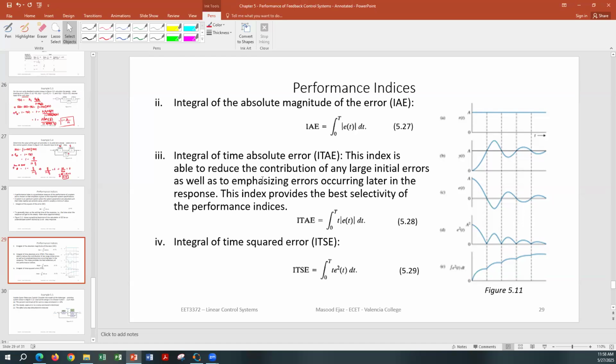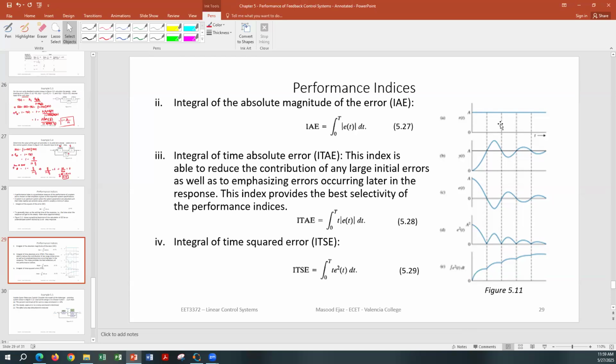This index is able to reduce the contribution of any large initial errors, as well as emphasizing errors occurring later in the response. The index provides the best selectivity of the performance indices. Over one settling time, integral of t times the absolute value of the error in time, dt. And then finally, we have the integral of time squared error, t e squared.